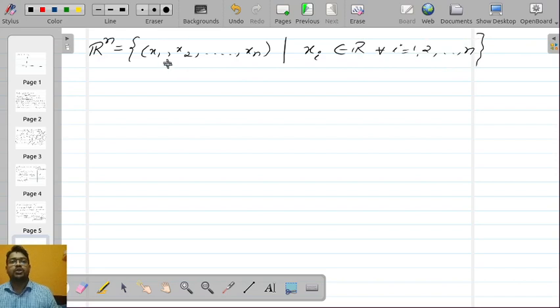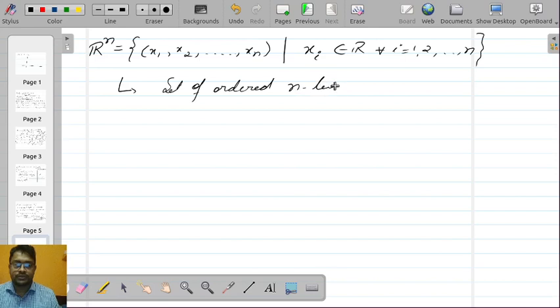So each coordinate is a real number. This is called the set of ordered n-tuples of real numbers. So this is our set.